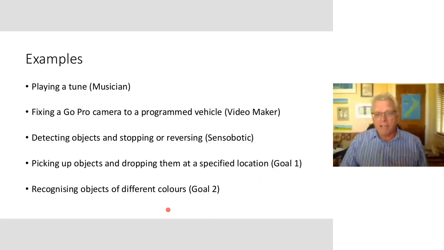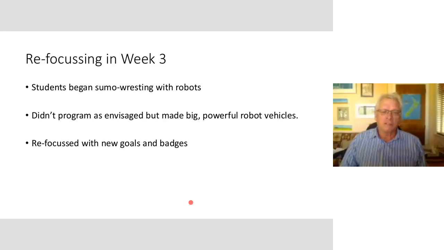Now, what began to happen, almost inevitably, was I foolishly mentioned that in a previous course I'd done some sumo wrestling robots with students. Suddenly, everybody wanted to build the strongest possible robot, and they didn't want to program it. I also mentioned, oh, look, there's an app for the EV3, so you can control it with your smartphone, which is interesting, well, a little bit off the topic.